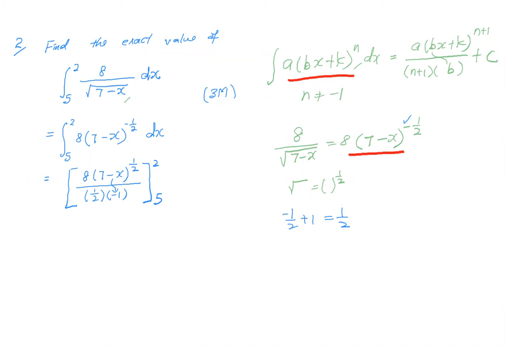Now, if you want to simplify first, you take out your calculator and simplify this part. Your calculator will give you -16 times the square root of 7 minus x. Now we turn it back to square root, so that it's easier for us to manipulate. 5 here, 2 here.